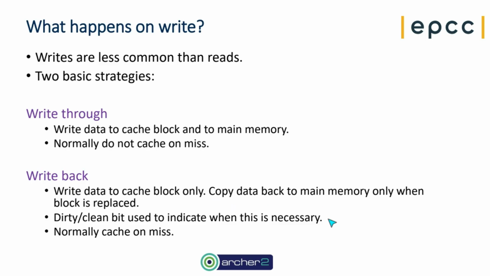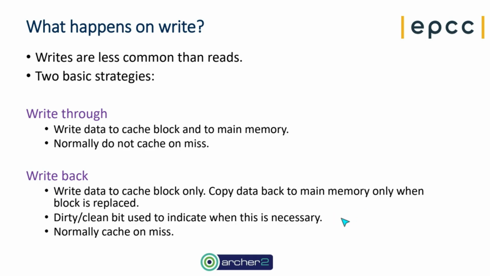And you also use an extra bit to indicate when that's necessary. When a block's replaced, if it hasn't been modified, then there's no need to copy the values back to main memory because they haven't been changed. If they have been modified, then the new values have to go back to main memory.